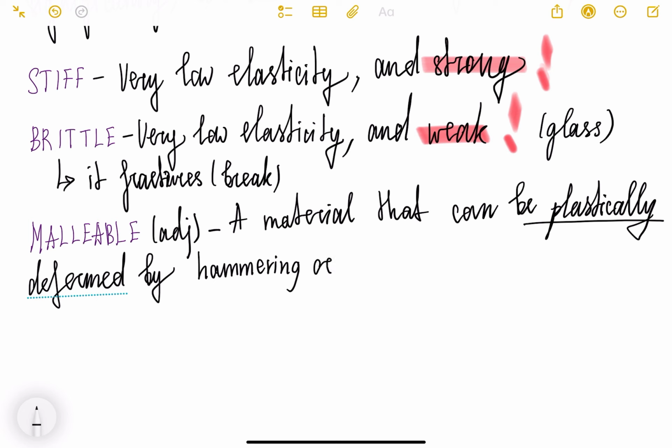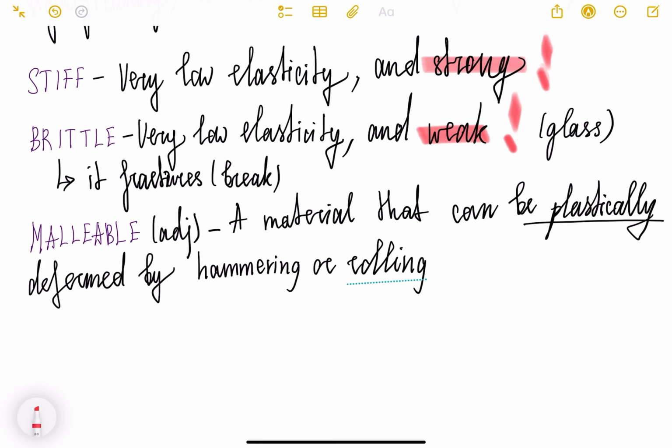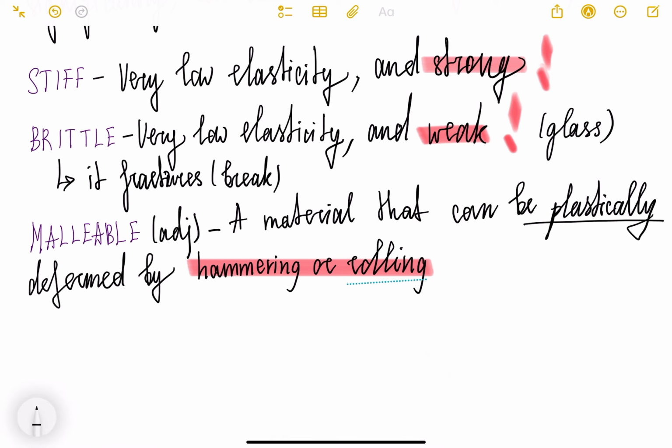I try to write these words, hammering or rolling, more prettily, because these are important. An example is lead, and the chemical formula is Pb. Okay? And this is malleable.